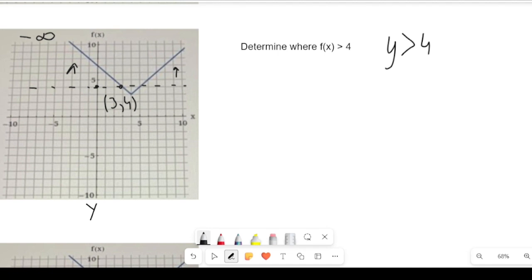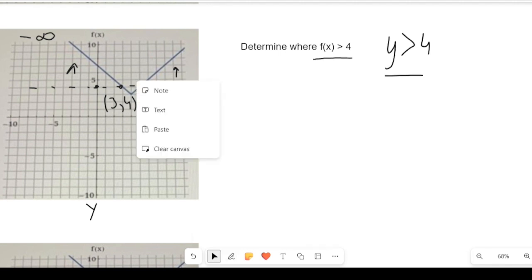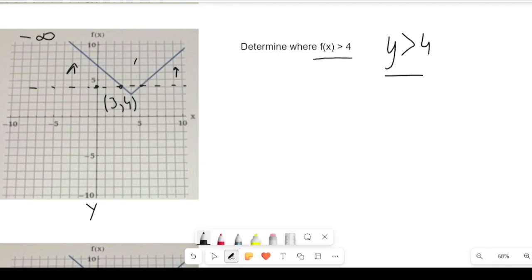And then it dips down, which we don't want to include, since we're looking for every value of x where y is greater than 4. Then this point is 5, 4, and then it goes to positive infinity.